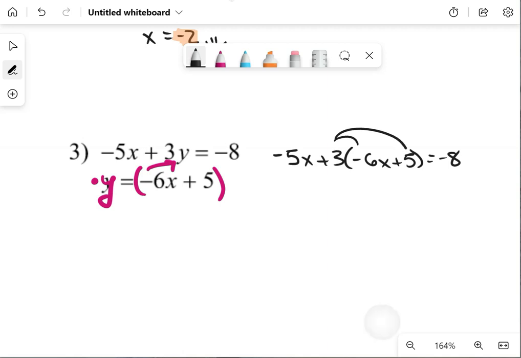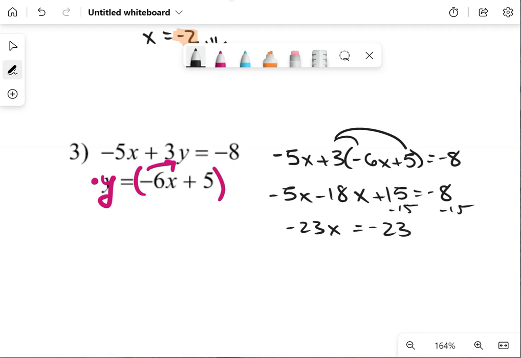So negative 5x minus 18x plus 15 equals negative 8. And start to combine our like terms. So negative 18 and negative 5 is negative 23x, and that equals negative 23. So x equals 1 when you divide.